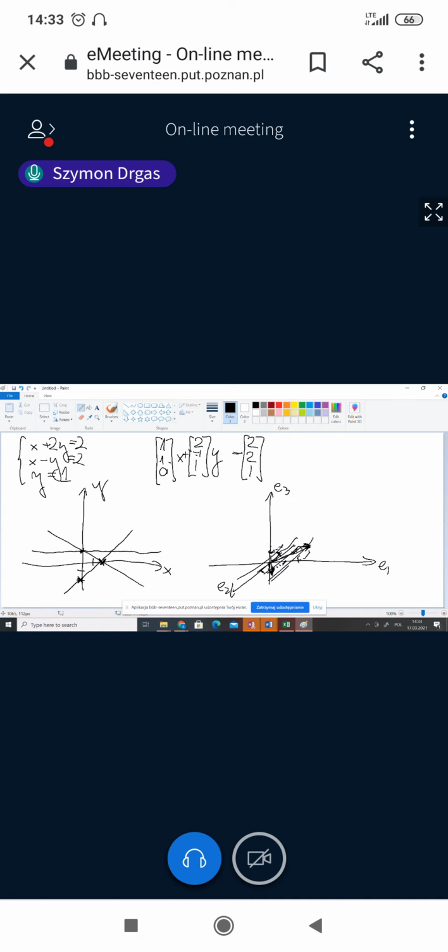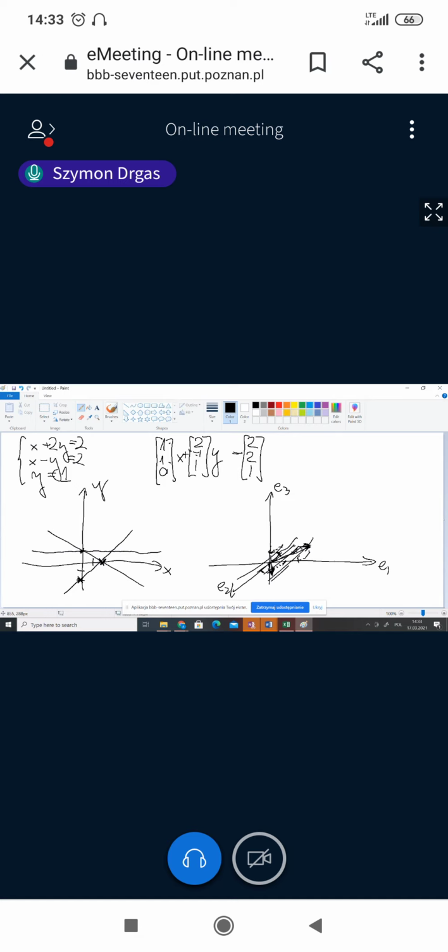When we have two three-dimensional vectors, the set of all their linear combinations can be illustrated as a plane in three-dimensional space.